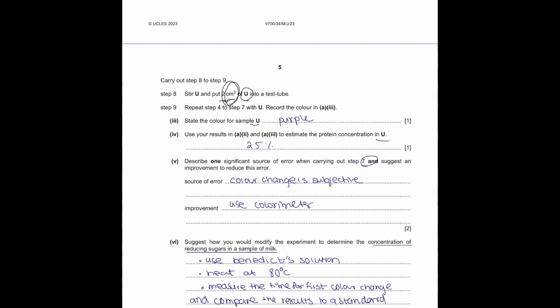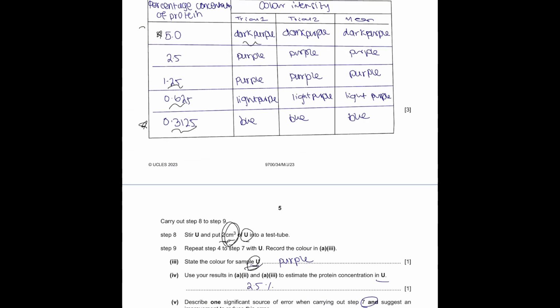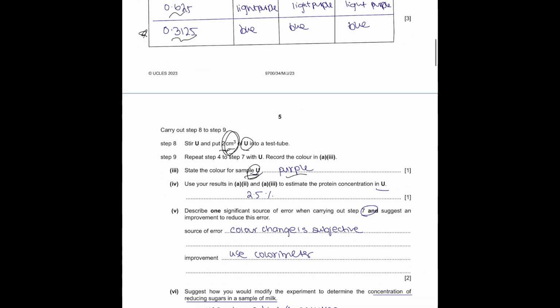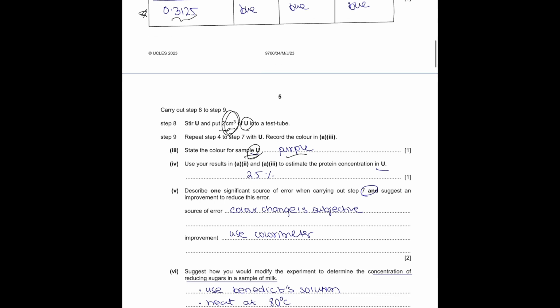Then we'd carry out the investigation on U, but you obviously don't have to. For the unknown, you can put it as one of the three. You can put dark purple or purple, or anything. So I put purple, and it can be 2.5 or 1.25, and I choose 2.5.